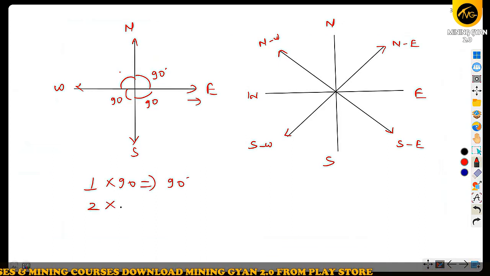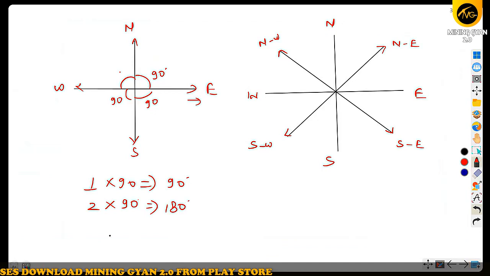If you turn two times in the left or right direction, it means 2 into 90, that means you turn 180 degrees. Suppose you turn three times, then it is 3 times 90-degree angle turning left or right, so it means you turn 270 degrees.